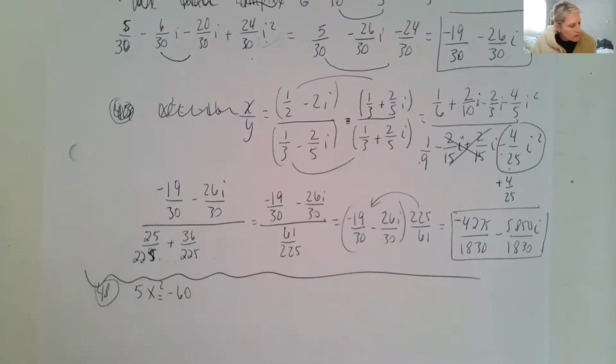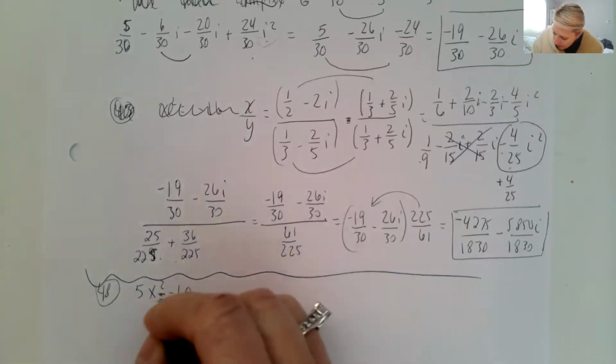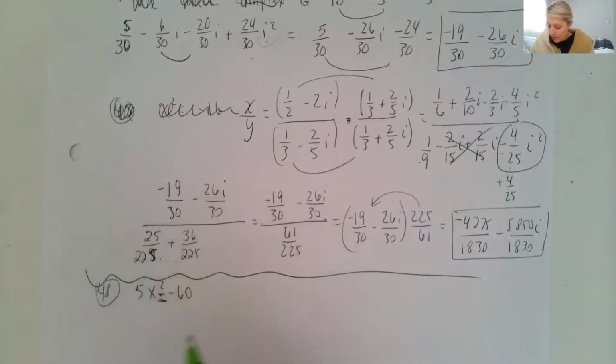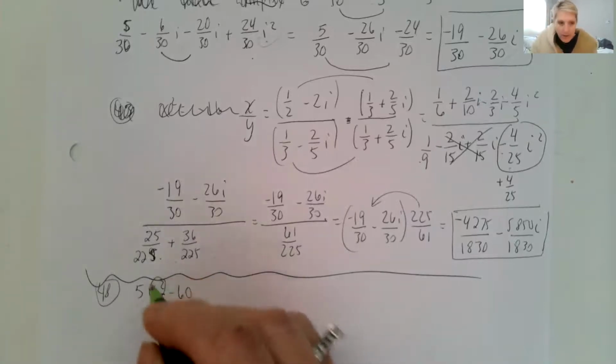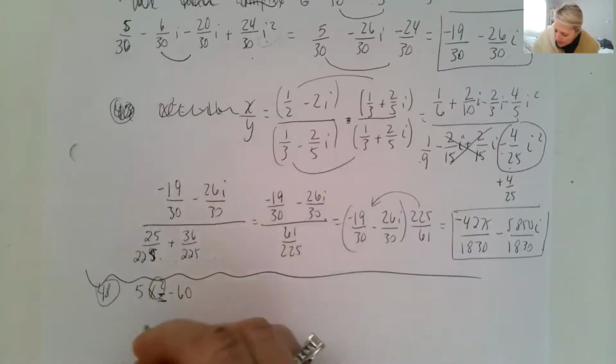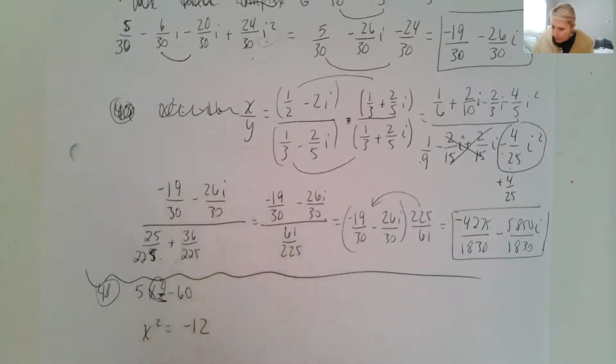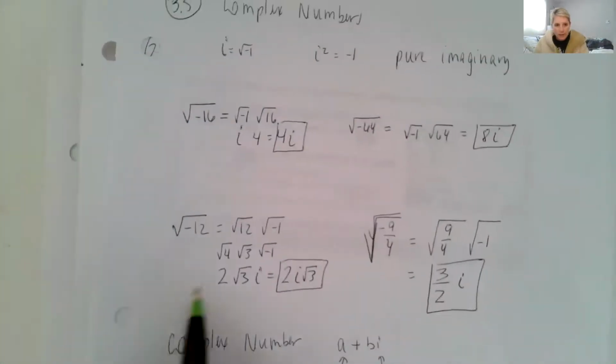So 48 says, use the definition of i to solve the equation. So this is really why we have complex numbers, because we want to solve equations. So if we want to solve this, x squared is isolated. So we can divide both sides by 5 and we get a negative 12. And then we are right back to what we did on the first page.